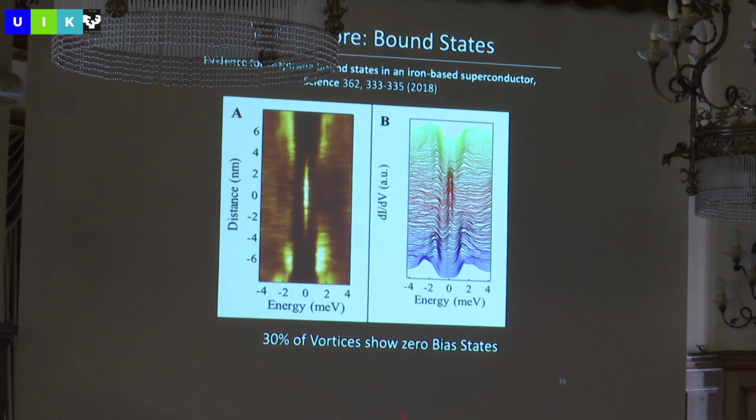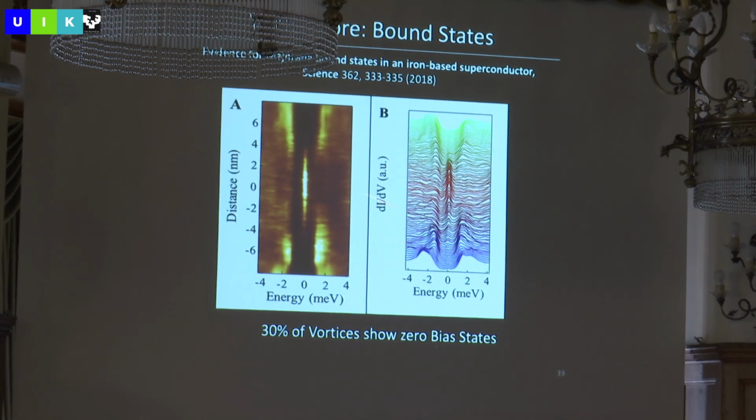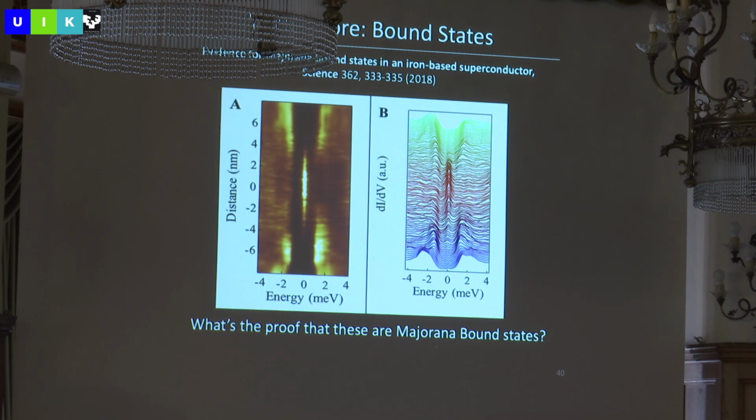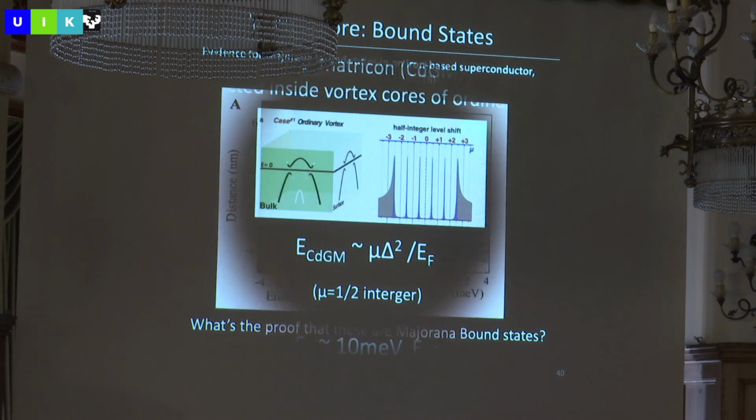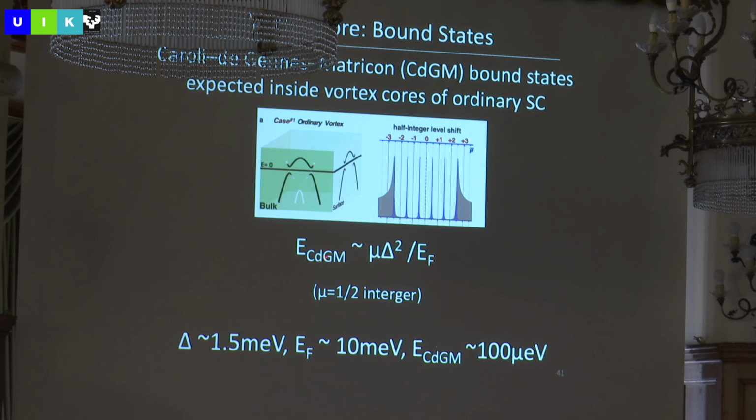Okay. So the question is, how do you know this is a Majorana fermion and not a Caroli-de Gennes state, which should also be there? So you can actually ask a question about numbers, right? Let me answer that question in the following way. The energy difference between the Caroli-de Gennes states goes like delta squared over E_F.